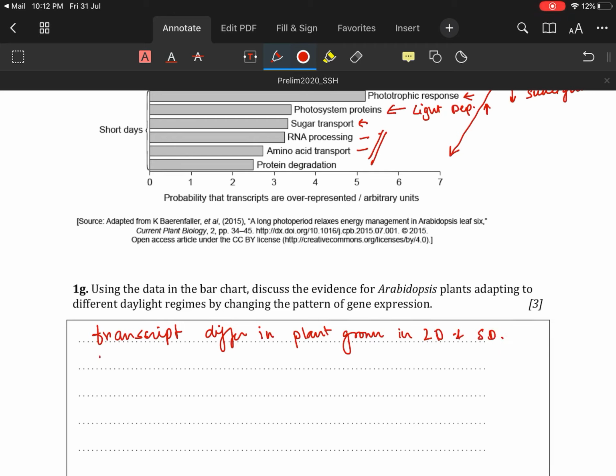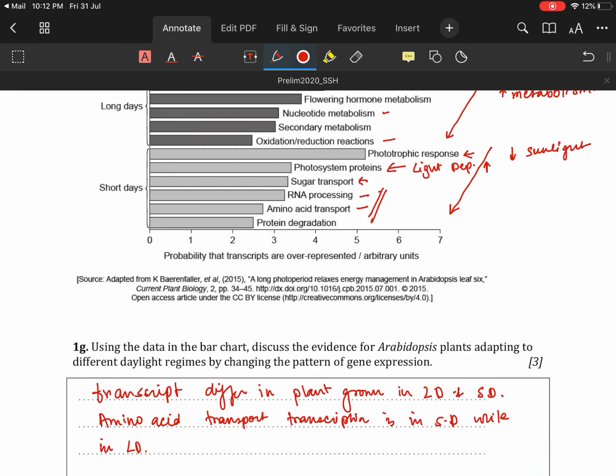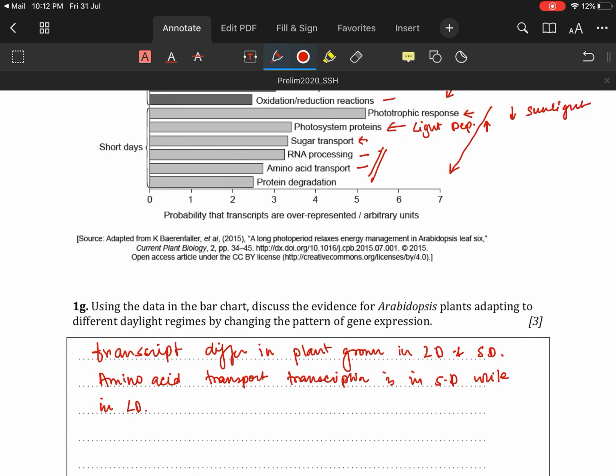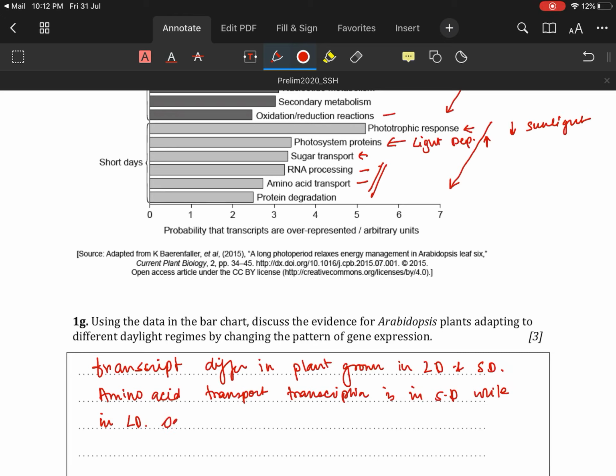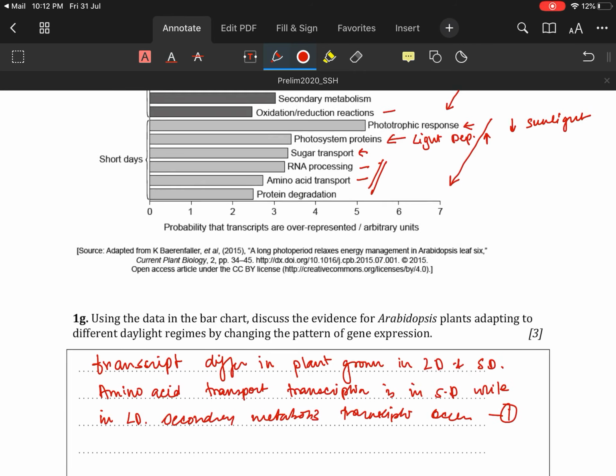So this is very clearly, you can see amino acid transport, transcription is in short day, while in long day you can take any one, oxidation reduction reaction, or you can say the secondary metabolism transcription occur. Okay, so 1 point.